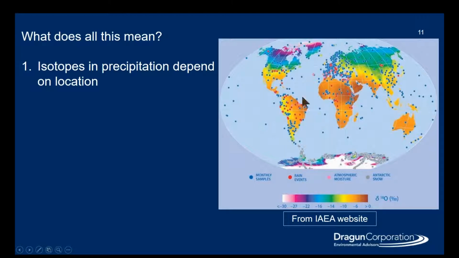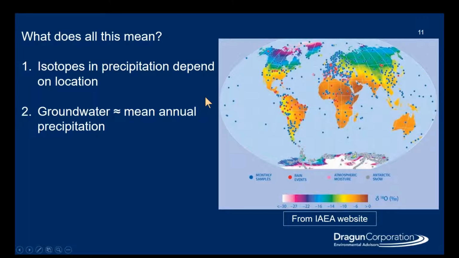And if you go to equatorial areas, you see close to zero. And that all is a function of the temperature and the energy that the light and the heavy isotopes have. So geographically, there are differences. Groundwater takes on the mean annual precipitation value.